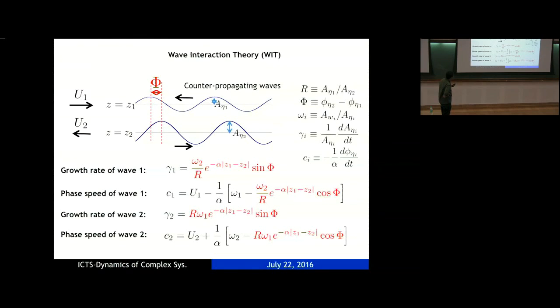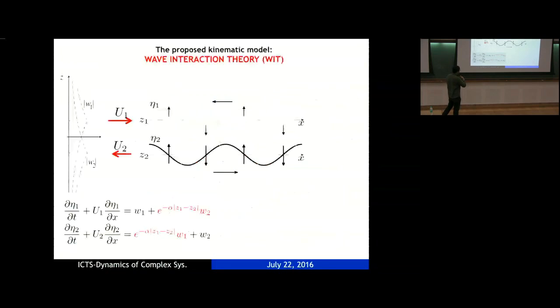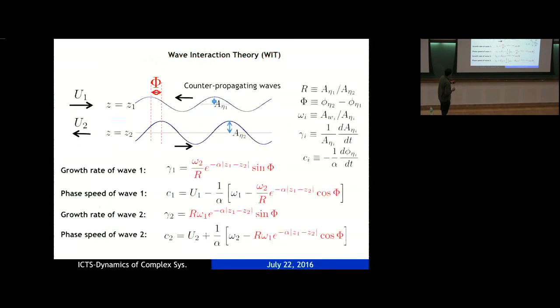And these are the velocities at the interfaces. On substitution into these equations, we get these 4 equations: the growth rate of the first wave, the phase speed of the first wave, the growth rate of the second wave, and the phase speed of the second wave.